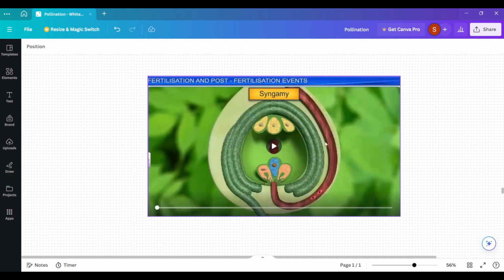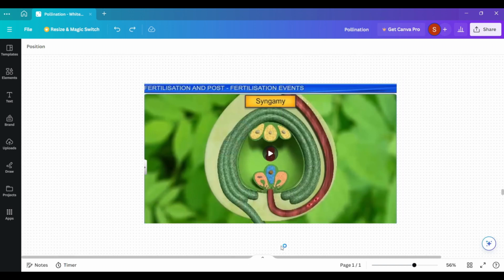So you can see the pollen tube has germinated. The pollen tube reaches the micropylar end and it reaches near the synergids. Meanwhile, the pollen tube with the two male gametes reaches the micropylar end. And once it reaches the synergids, one of the male gametes passes through the synergids and fuses with the egg cell to form the diploid zygote.